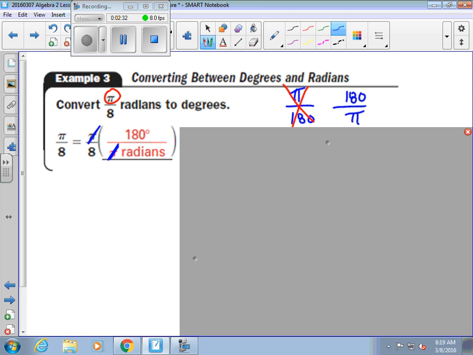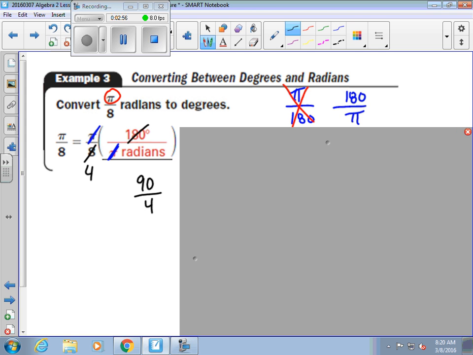How can we reduce that fraction? Does 2 go into it? Do it that way if you're not sure. 2 times what is 8? 4. 2 times what is 180? 90. So we have 90 over 4.